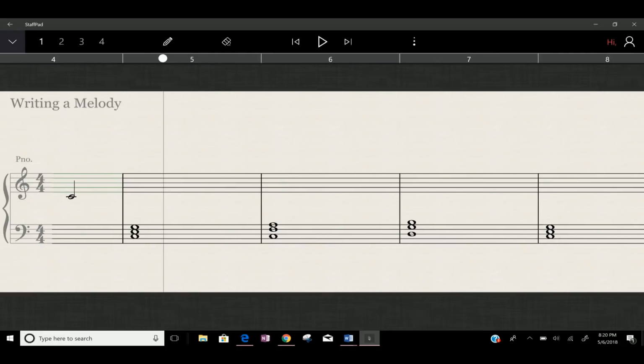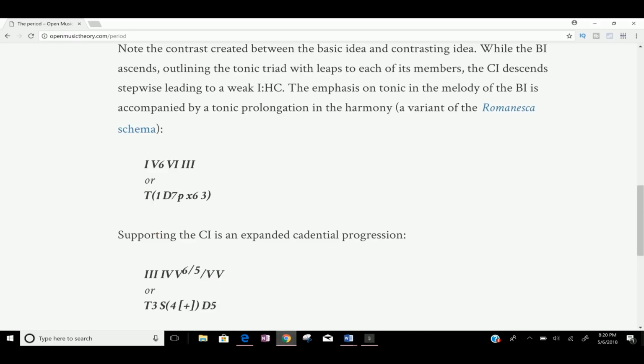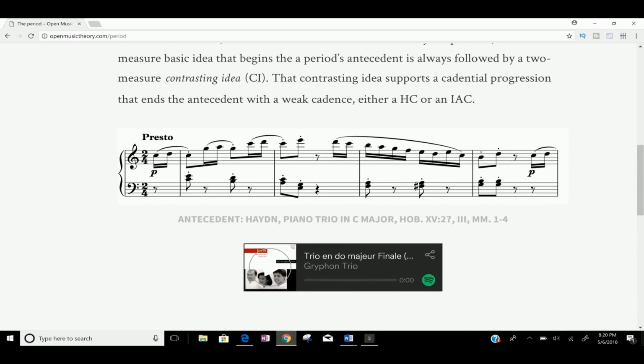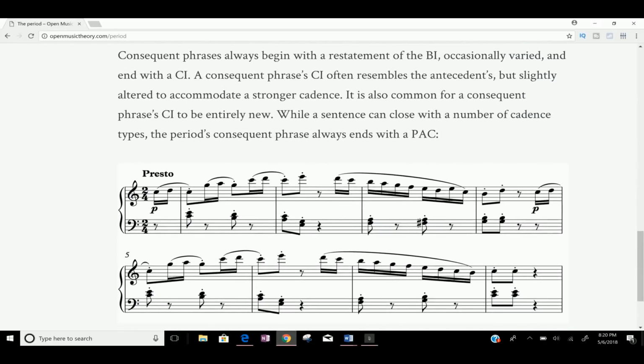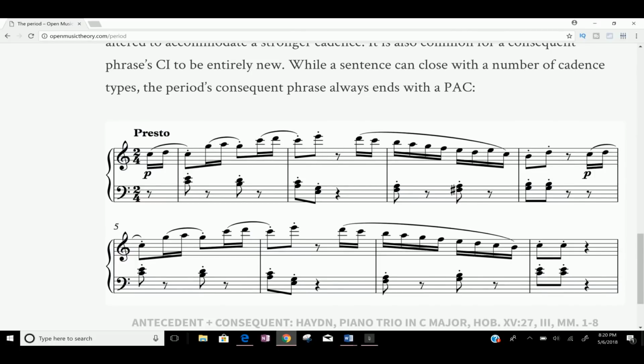Well, let's take a look here. Remember what we talked about before. Remember the page we were looking at earlier, where we had the antecedent consequent phrase, where we set up the first phrase, so we're through the antecedent.